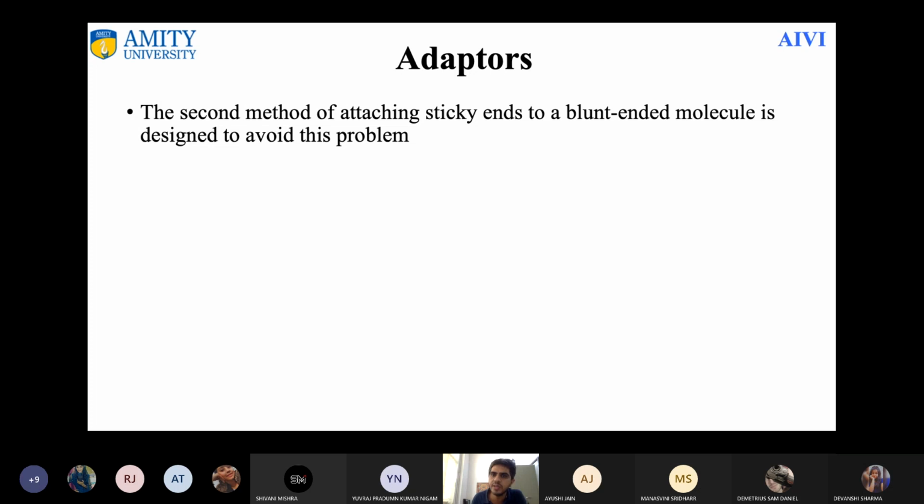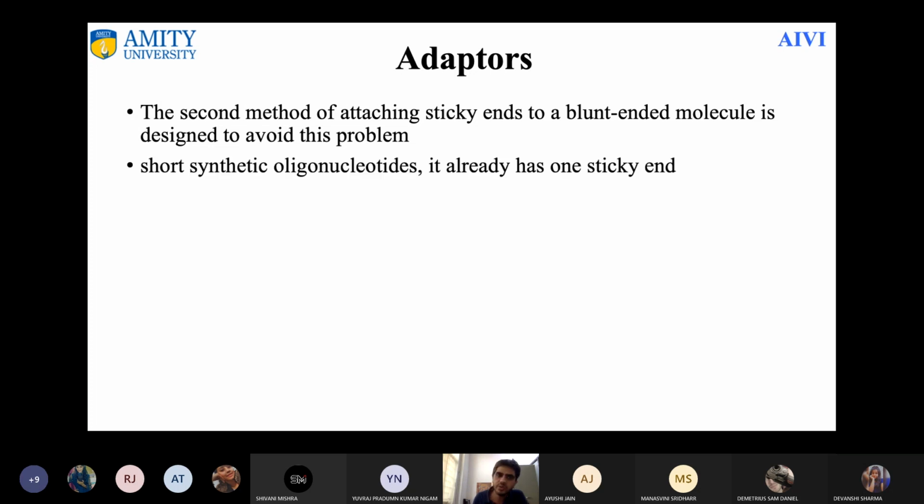The second method, the sticky blunt-ended molecule, is designed to avoid this problem. The problem we are talking about is the second restriction digestion that we are performing; we don't need that. For that, we are synthesizing a short synthetic oligonucleotide. It is already having one sticky end.